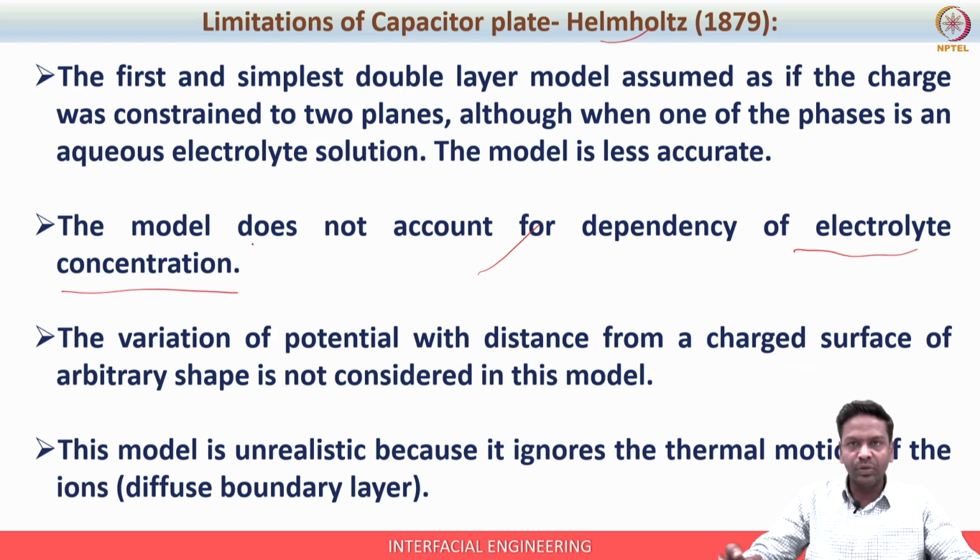Because as you know, when the strength of the electrolyte concentration goes up, it affects the distribution of the ions. So the counter ions and co-ions present in the solution also vary as a function of concentration, but these details are not presented by this model, that is the capacitor model. That is actually a major drawback. And the other drawback is, we considered the parallel plate assumption.